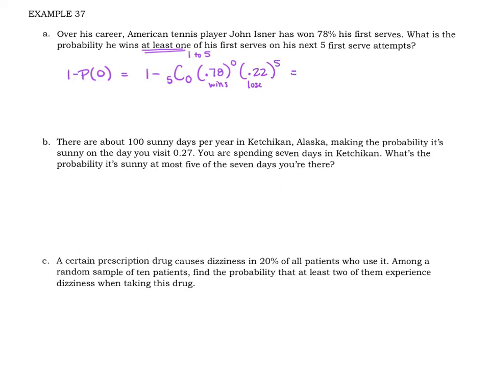So then we want 1 minus this calculation, and we will find that the probability that he wins at least one first serve is 0.999. In other words, his chances are pretty darn good.